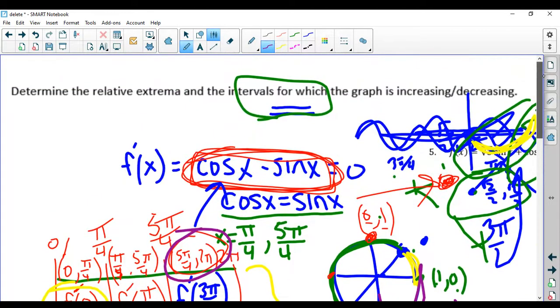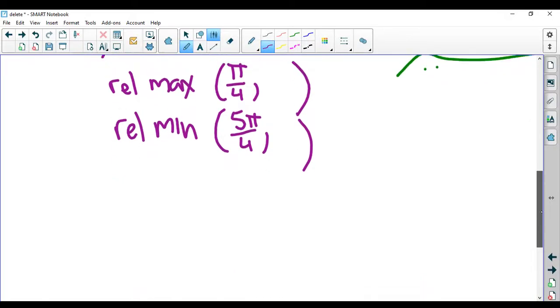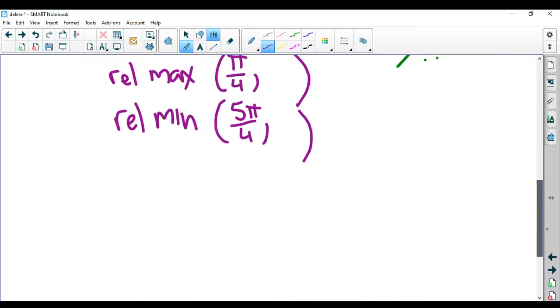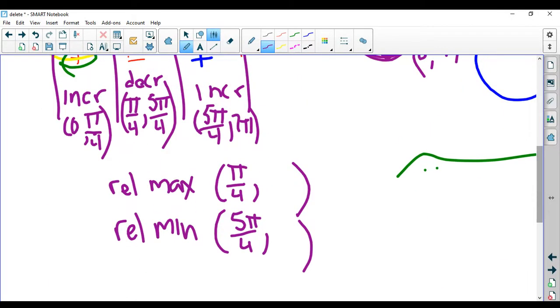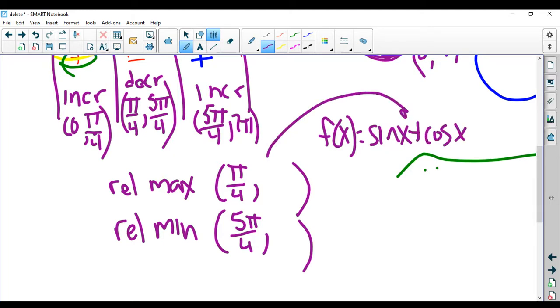Now, the whatever part: our original function was sine x plus cosine x. So always plug into the original function. If you plug in pi over 4, they're both root 2 over 2.